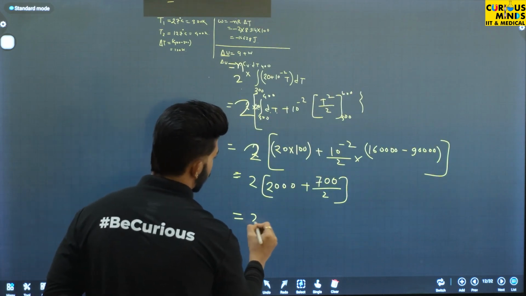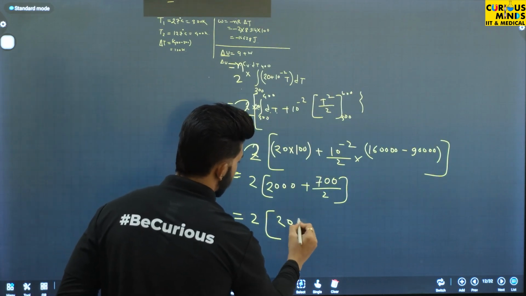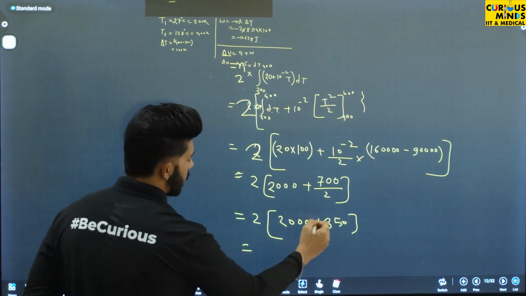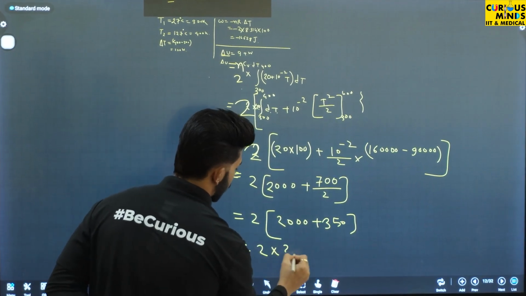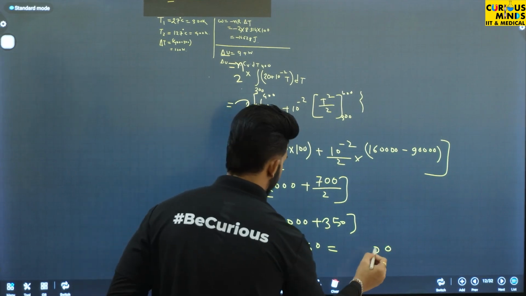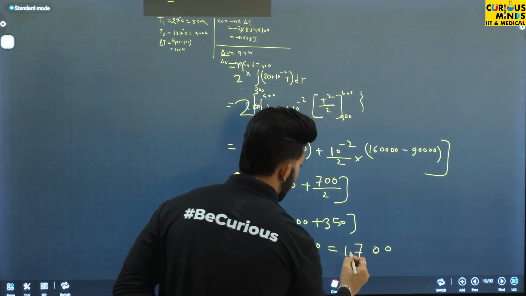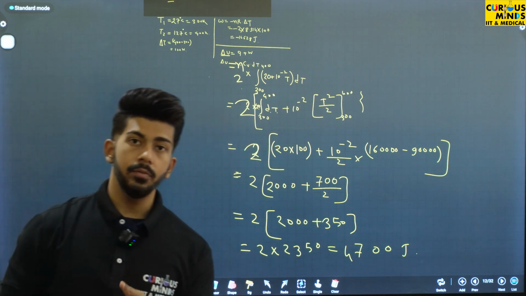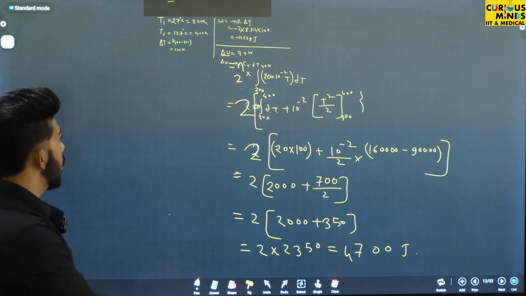So finally 2 into 2000 plus 350. So this will be 2350 into 2, so this will be 4700 joule. So this is the delta U that came from the Cv dT formula, 4700 joule.